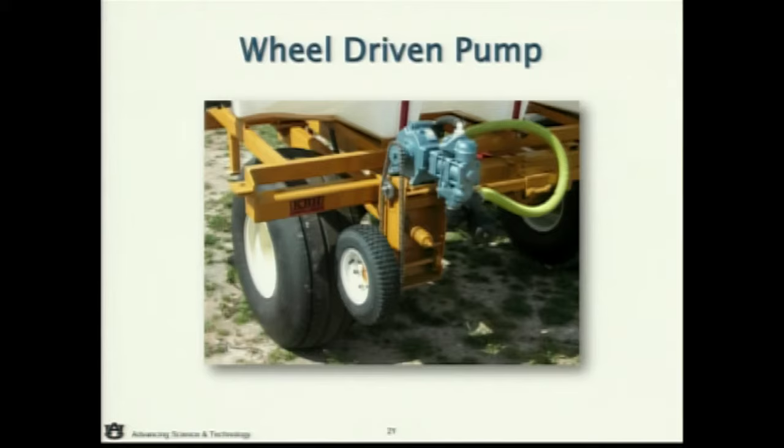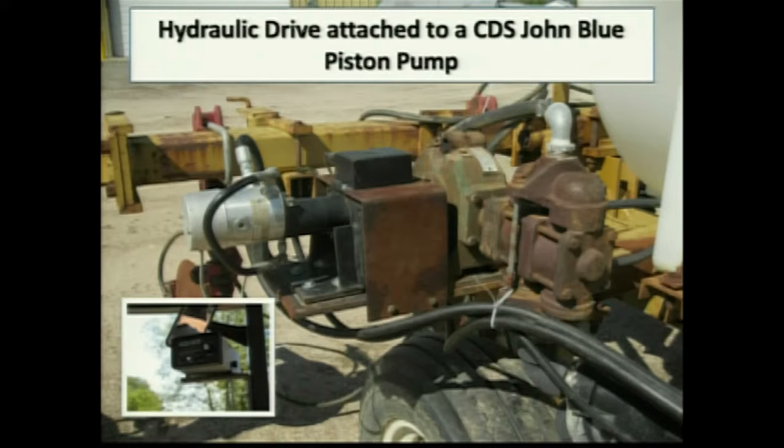We really can't do variable rate with that, because as we speed up, it puts the same rate out. But essentially, I take that wheel driven device off, and I put a hydraulic motor that drives that pump directly. Add the ECU, and in the cab I got again a display, and all of a sudden I can really easily fine-tune my nitrogen rate on that side dress unit.